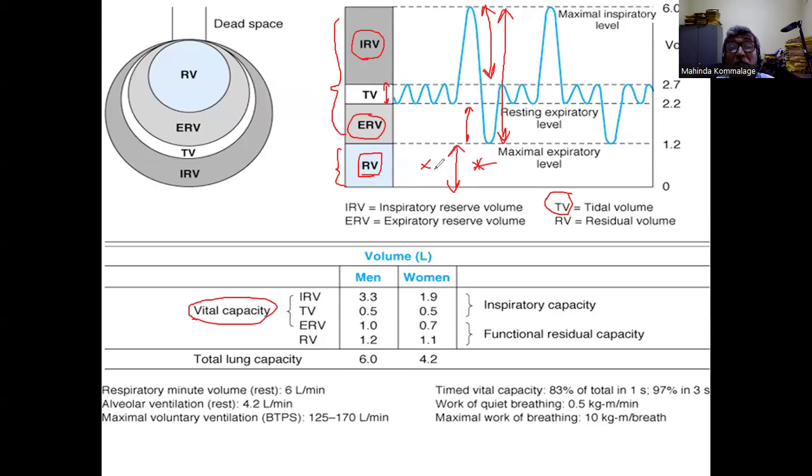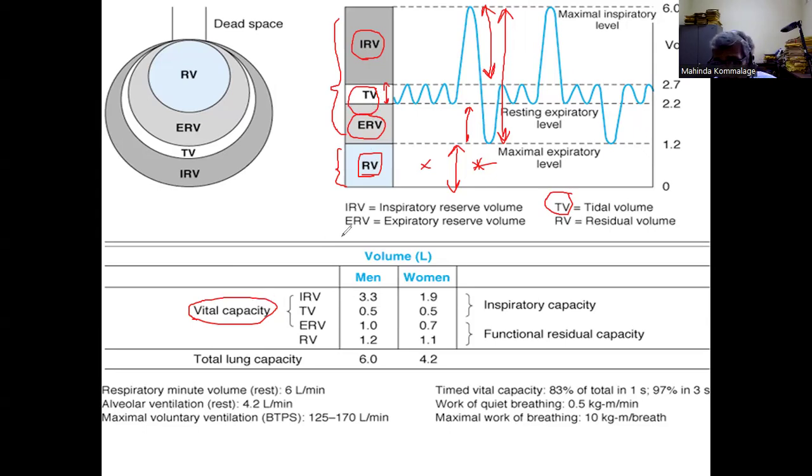So you need to remember tidal volume, inspiratory reserve volume, expiratory reserve volume, residual volume, vital capacity. There's also something called inspiratory capacity and functional residual volume. You can understand them, but you need to remember these 5 things.